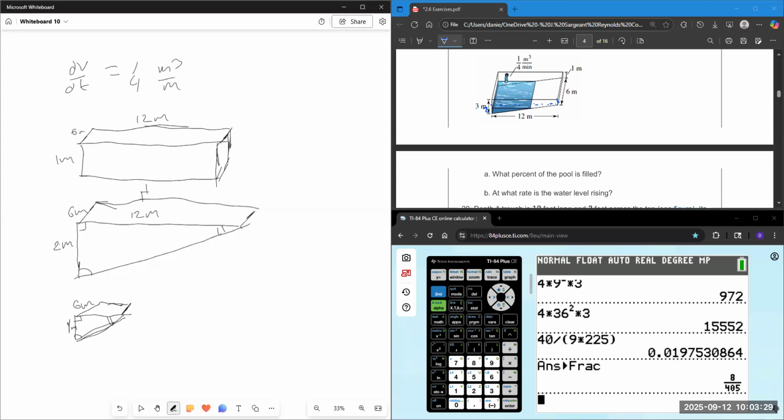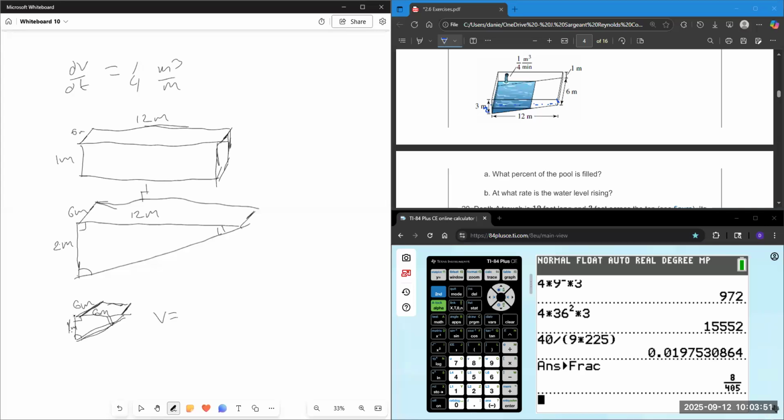So I cut 2 in half to get 1. I'm going to cut 12 in half to get 6 again. So then I have a volume formula for a wedge that says take the area of this right triangular face and multiply it times this dimension that goes this way.